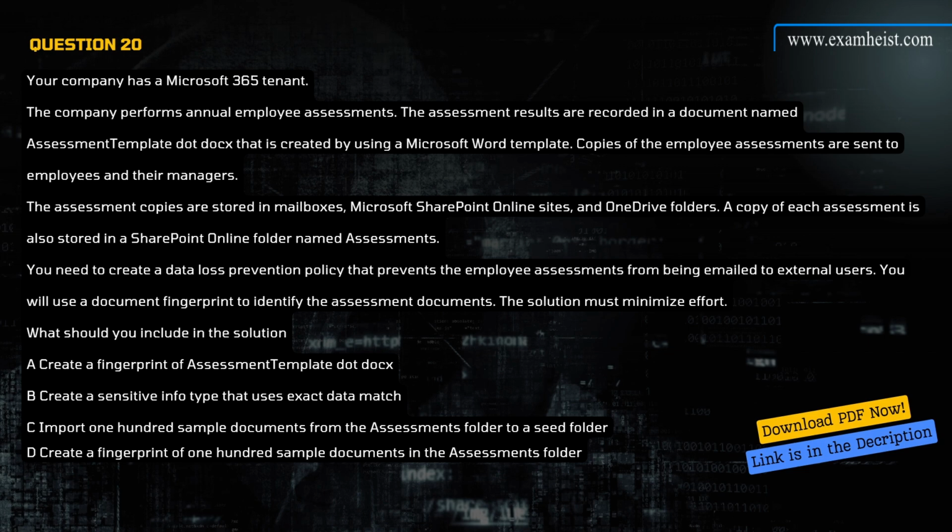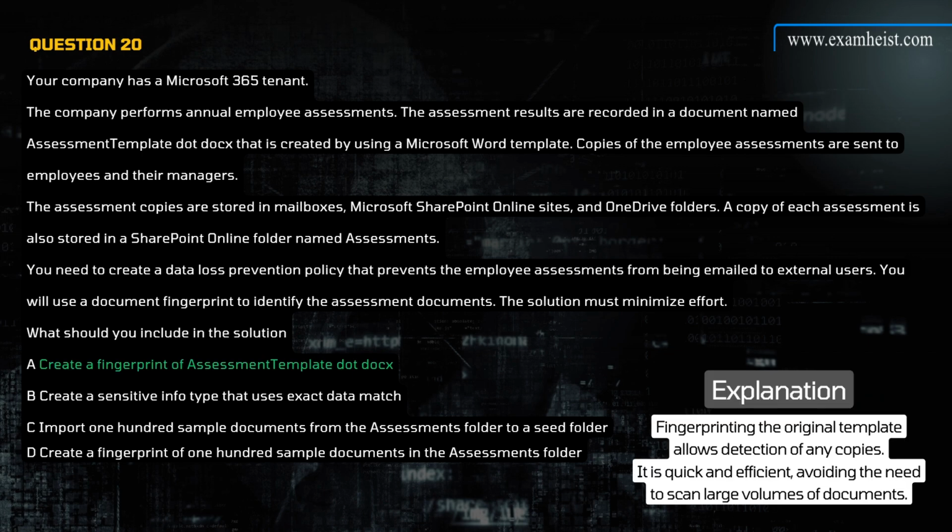C. Import 100 sample documents from the Assessments folder to a seed folder. D. Create a fingerprint of 100 sample documents in the Assessments folder. Correct answer is A. Explanation: fingerprinting the original template allows detection of any copies. It is quick and efficient, avoiding the need to scan large volumes of documents.